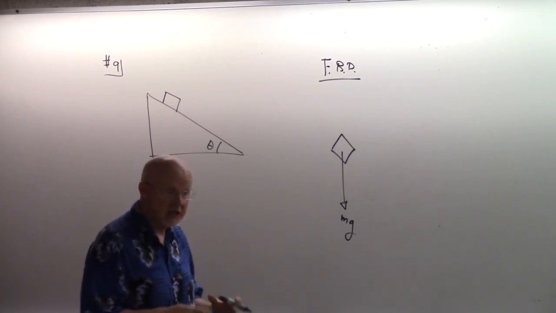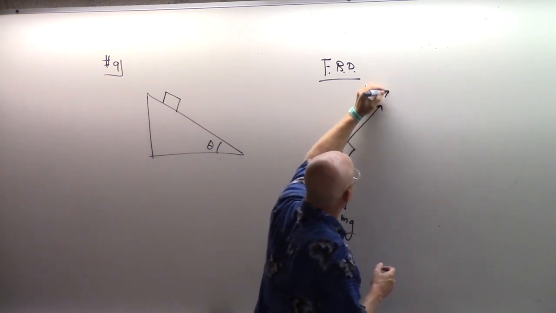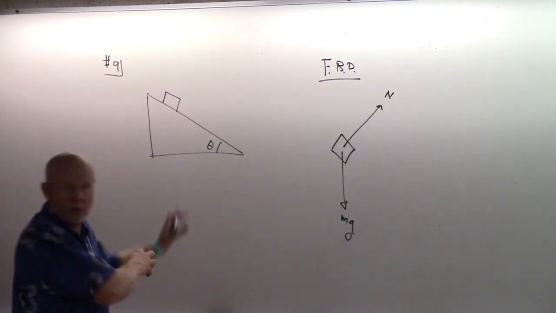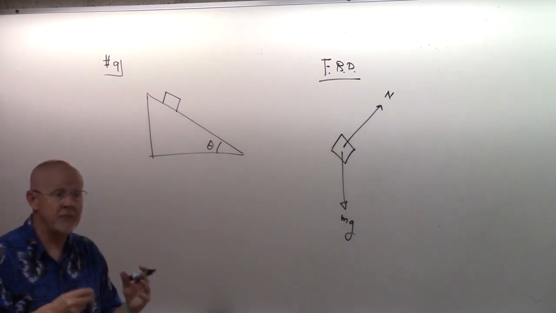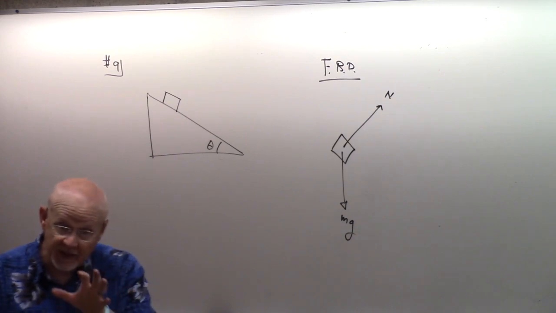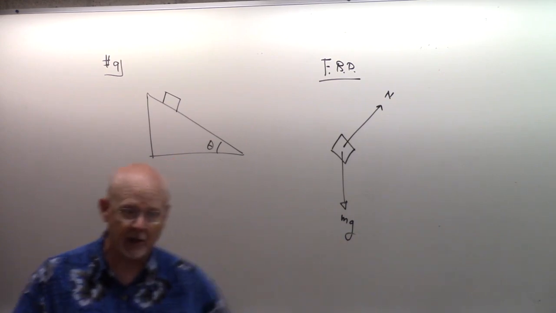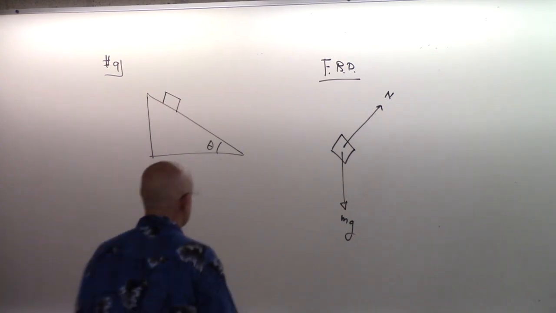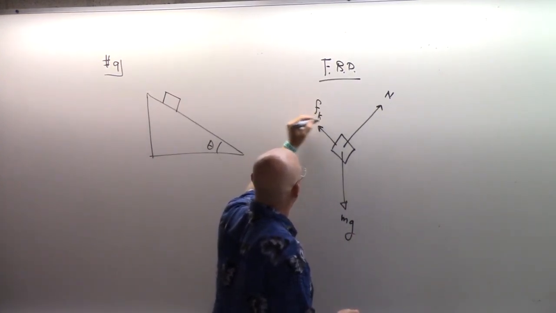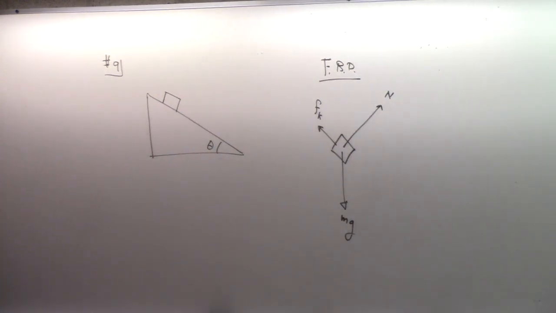What's touching it is still the incline, so there would be a normal. That looks like what we just did. Then there would be one more thing. There would be friction. Friction would be the opposite of the way it is sliding. It's sliding down the hill. So which way would the friction be? Up the incline. All right.